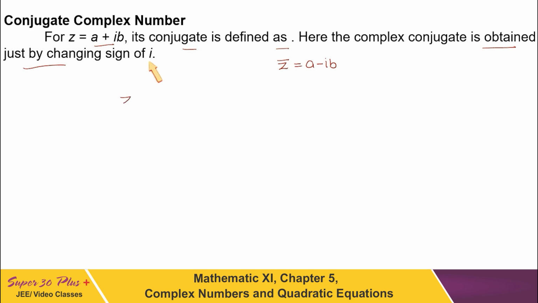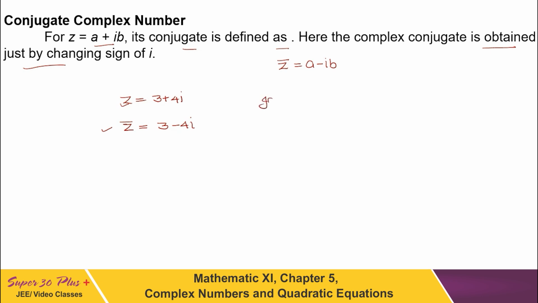Means if z is equal to 3 plus 4 iota, then the conjugate of z is represented by z bar and it is obtained by changing iota to minus iota, means it will be 3 minus 4 iota. This is the conjugate of the complex number 3 plus 4 iota.